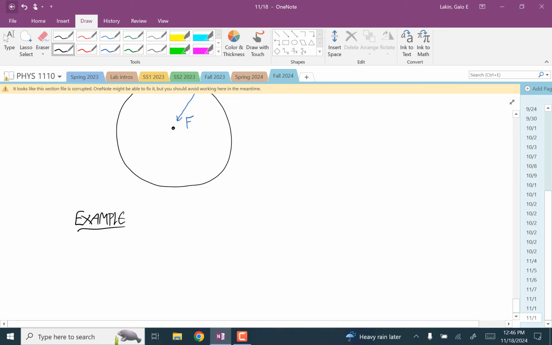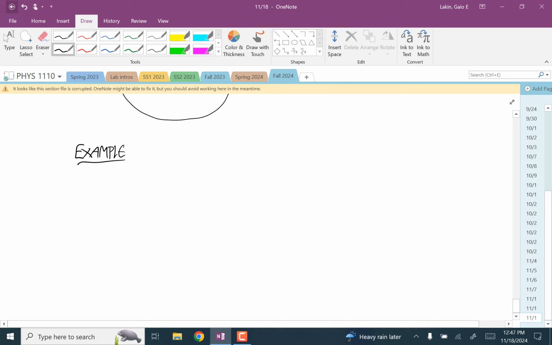But okay, so let's say that we've done problems with setups like this pretty often, where something's swinging around in a circular path, and gravity is acting toward the bottom of the page. Okay.